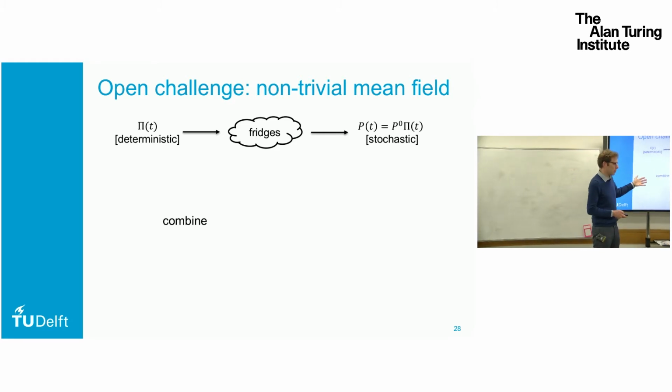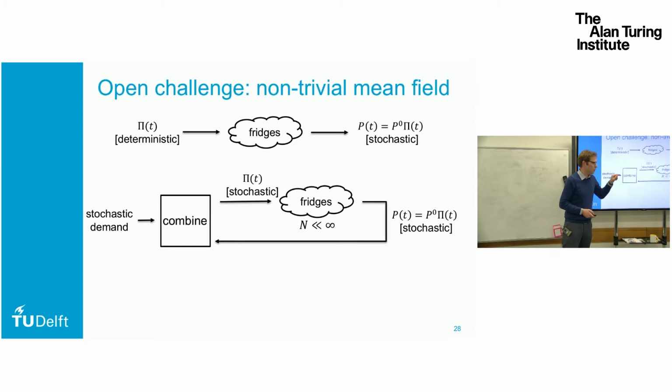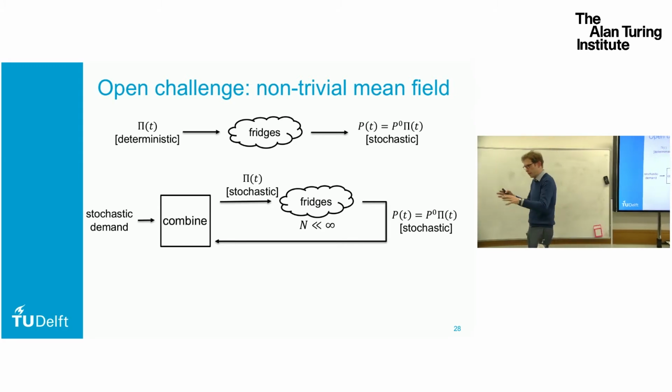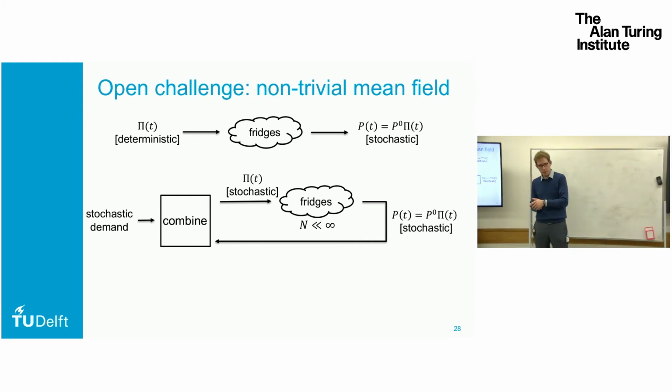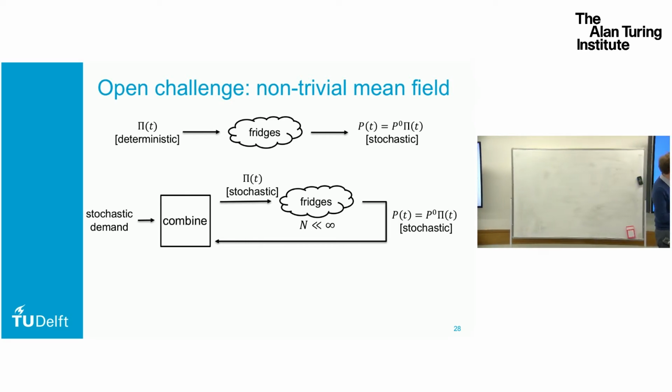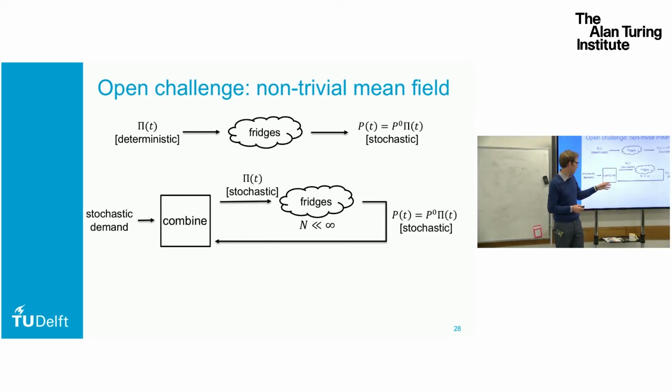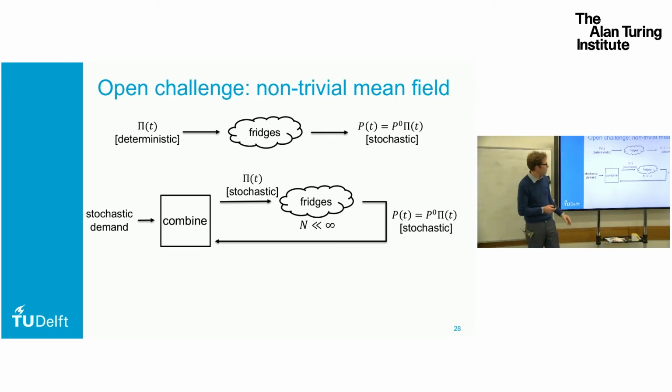I guess when it gets interesting is when you consider this feedback loop, right? So when you consider the fact that these fridges, let's say I have many of them, are used to actually regulate the grid frequency, right? And let's say they respond to the grid frequency too, right? So we have some external stochastic demand, some external mismatches in demand that generate some stochastic signal for the fridges to follow.